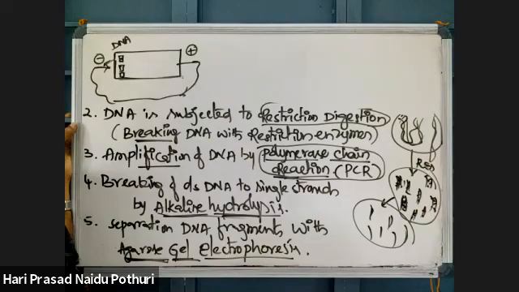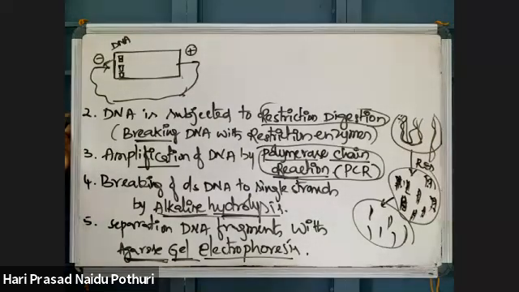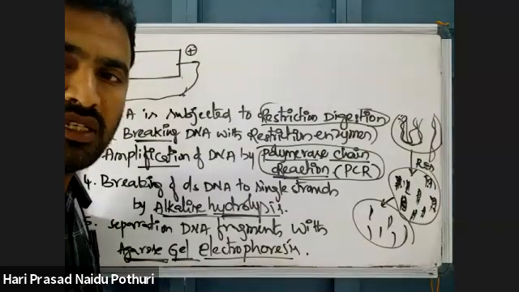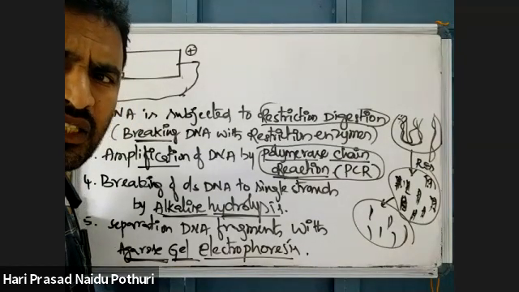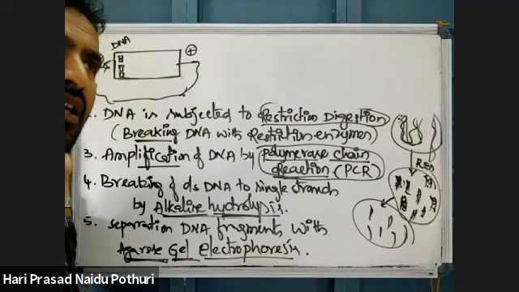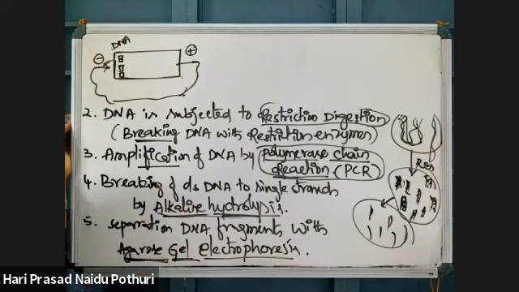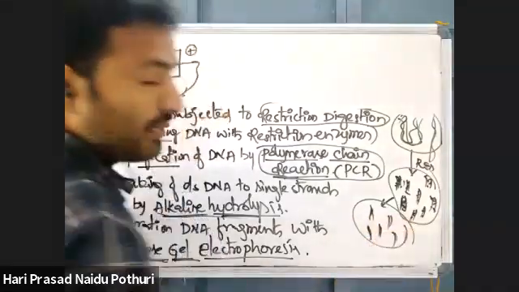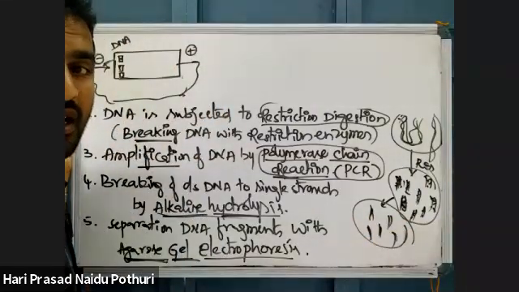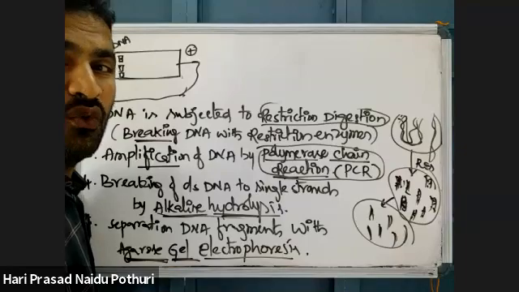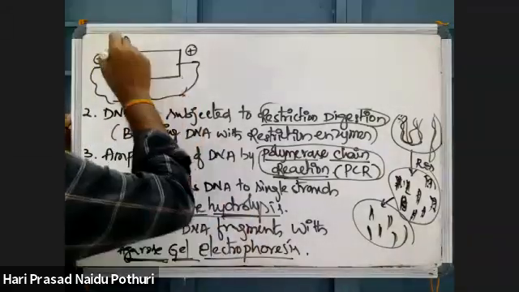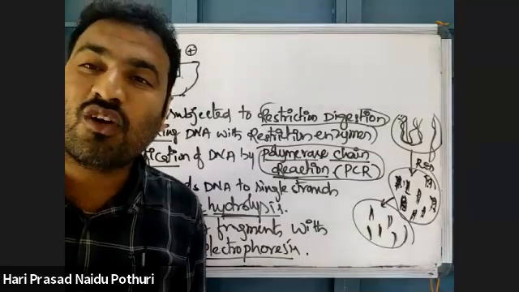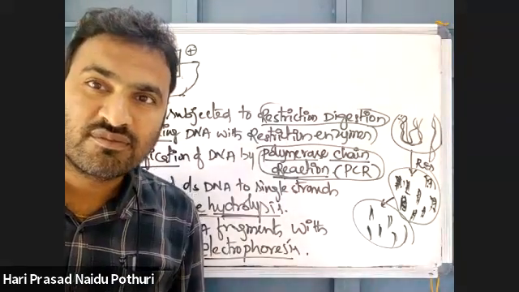I am asking about the charge of the DNA, not the charge of the entire medium. The DNA fragments will move towards the anode. What is the charge of DNA?